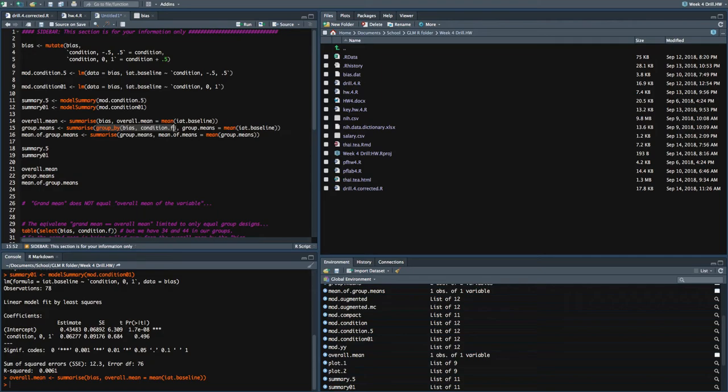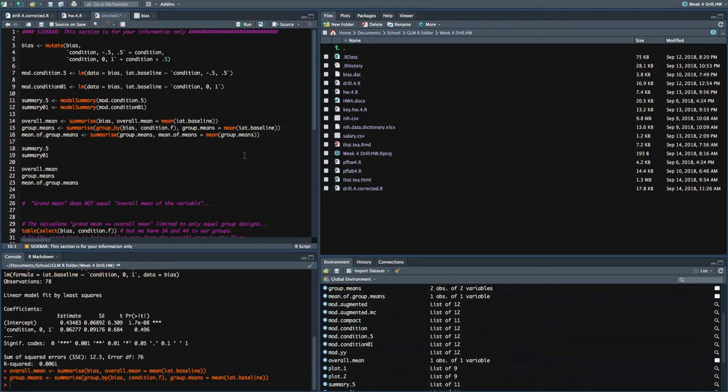And I use the condition.f because this is one of those cases where I like to know which condition it is instead of seeing condition 0.5 versus condition -0.5. Like this will tell me the mean for the bias training group versus the mean for the no bias training group. So again, I'm just grouping those, and I'm going to get the group means for the IAT baseline.